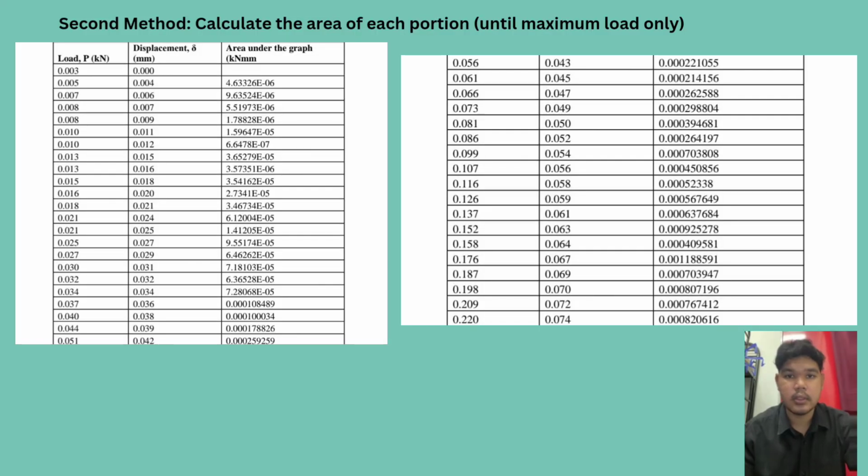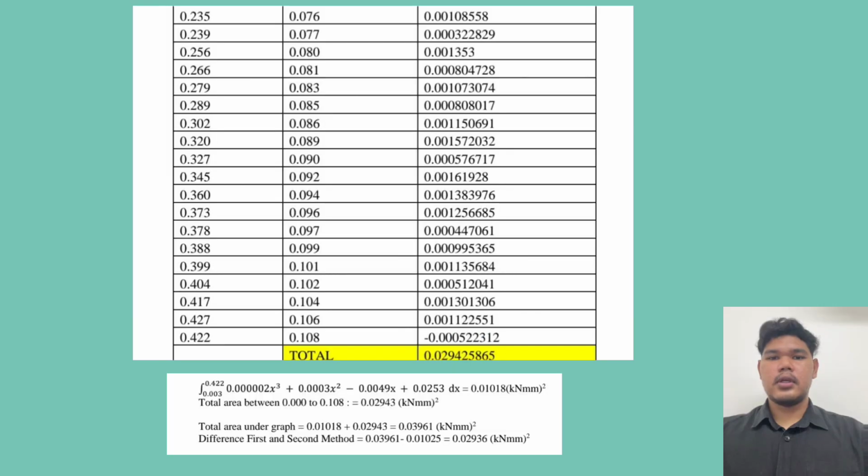Okay, I will start our presentation for the second method. In the second method, load and displacement are already given in Appendix A, and we need to find the area under the graph. We get a total area under the graph of 0.02942585.